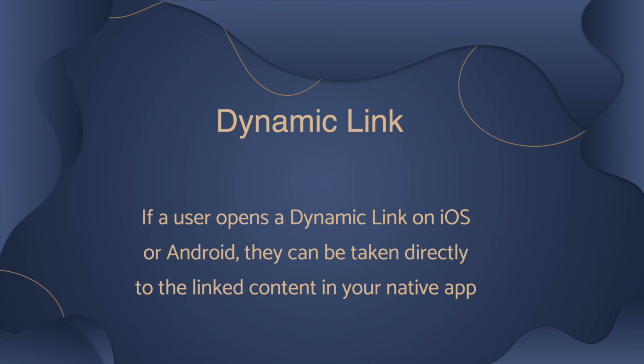Then dynamic link. If a user opens a dynamic link on iOS or Android, they can be taken directly to the linked content in your native app instead of launching in Chrome. For example, the user has got a message where a link is associated, and on click of that, several times you don't want the user to navigate from the first screen to the fifth screen.